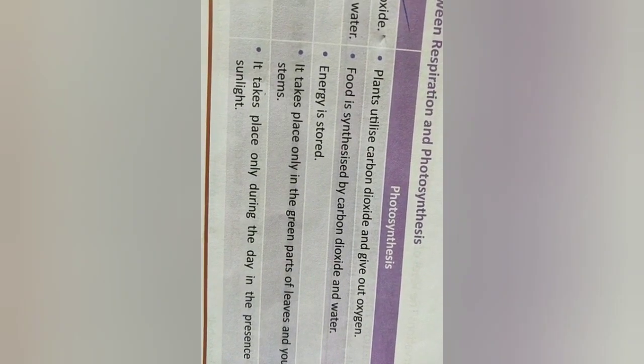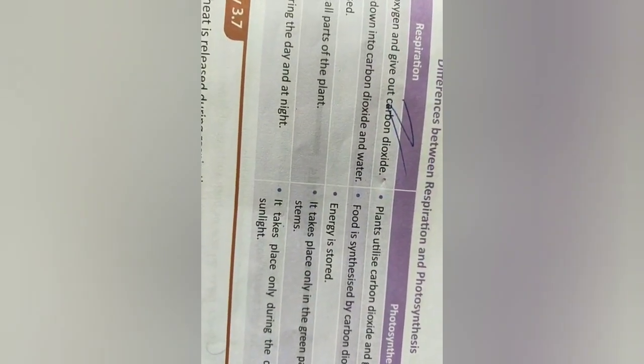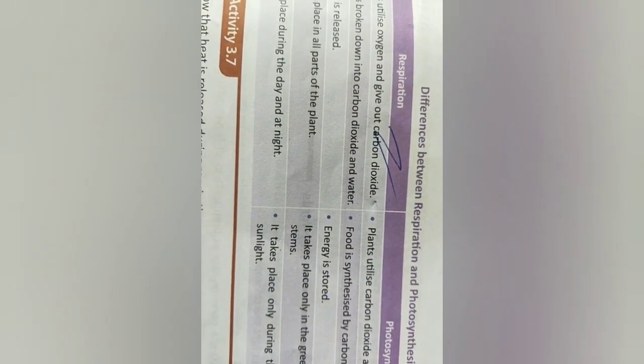Energy is stored in photosynthesis and energy is released in the process of respiration. Many differences are there between photosynthesis and respiration, and certain activities are given in your book to show that heat is released during respiration.